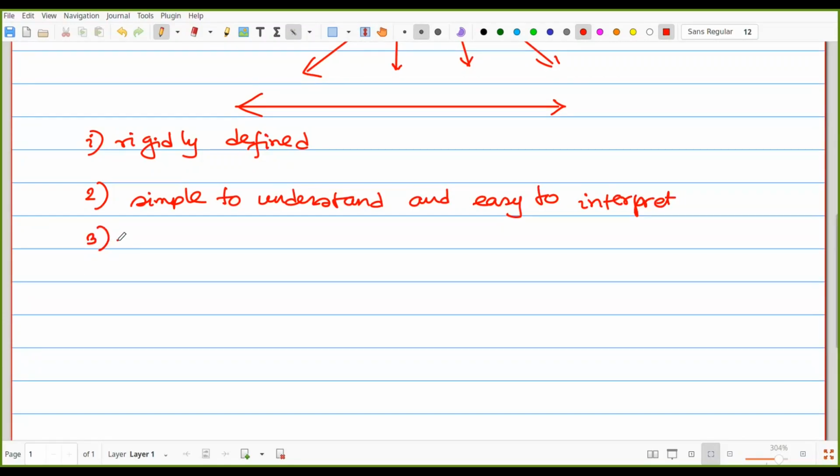Number three, easy to calculate. Number four, easy for further calculation or algebraic treatment.